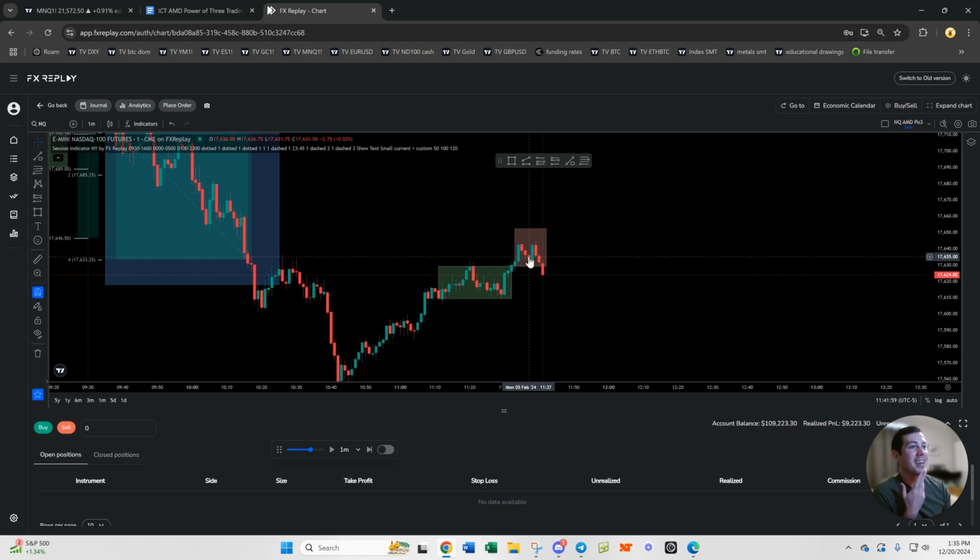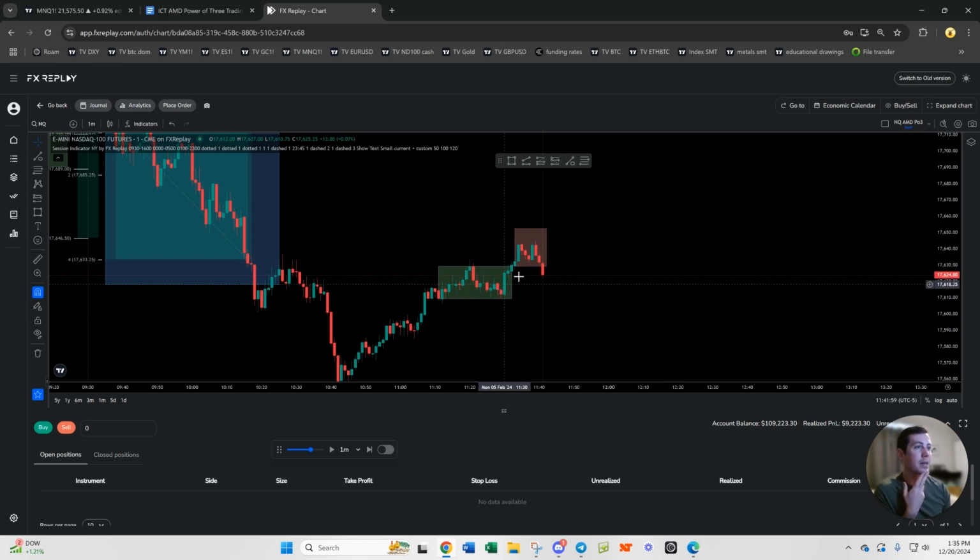Otherwise, this fair value gap already inverted, still during the manipulation phase, but you need to see price revert back inside the accumulation zone to see this as an actual potential manipulation. So I think it's probably lower probability to trade the most extreme fair value gap in this case. It might be better to just do the box setup.